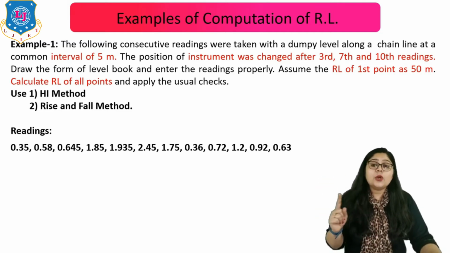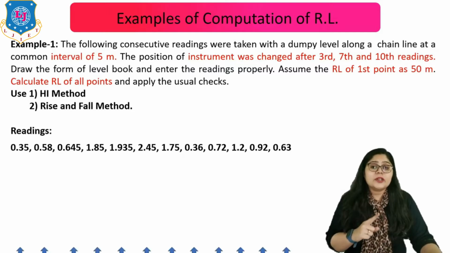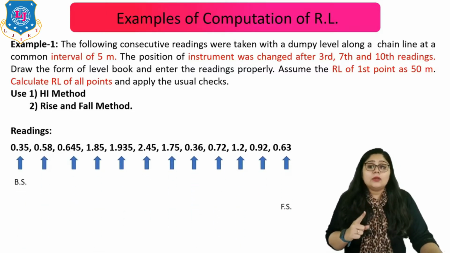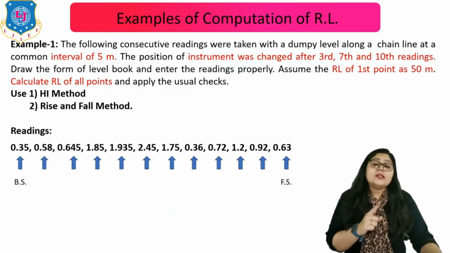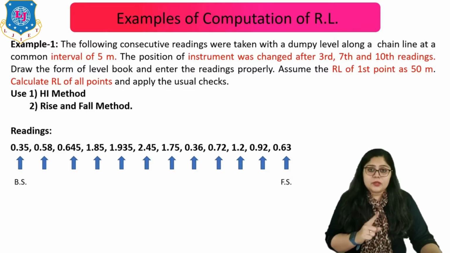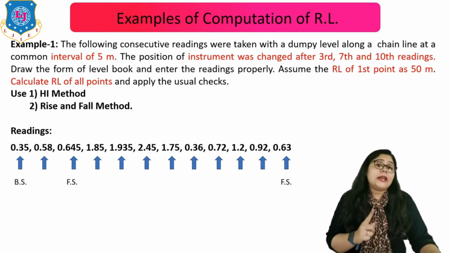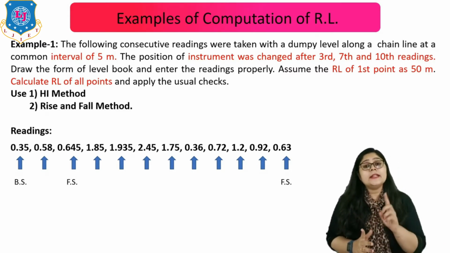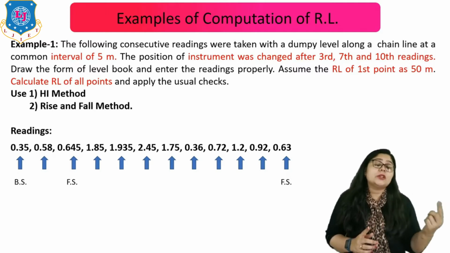So here 0.35 is our first reading, which means this is my BS, right? Now the final reading is always considered as FS for the whole setup. Here I am arranging the third point as FS. Why? Because the statement clearly says that the instrument was changed after the 3rd.